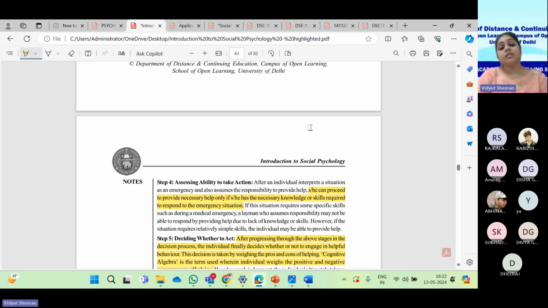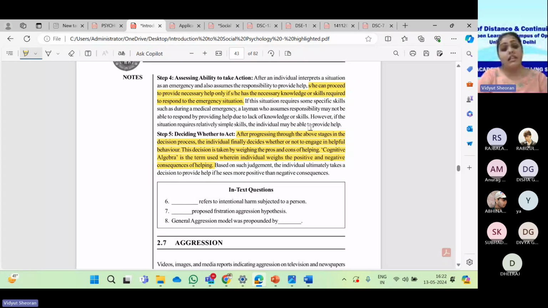Then comes assessing the ability to take action. So one can proceed to provide necessary help only if she has the necessary knowledge or skills required to respond to that emergency situation.